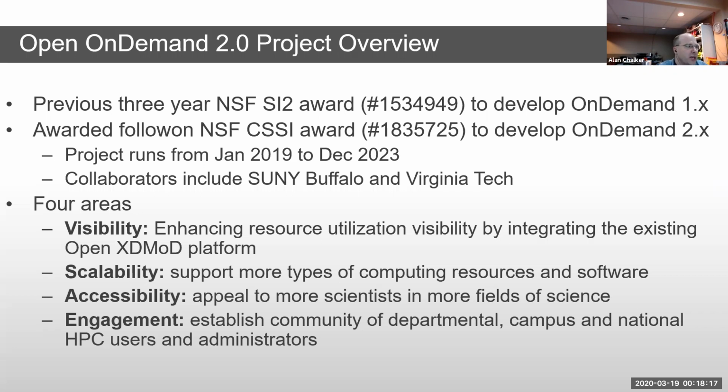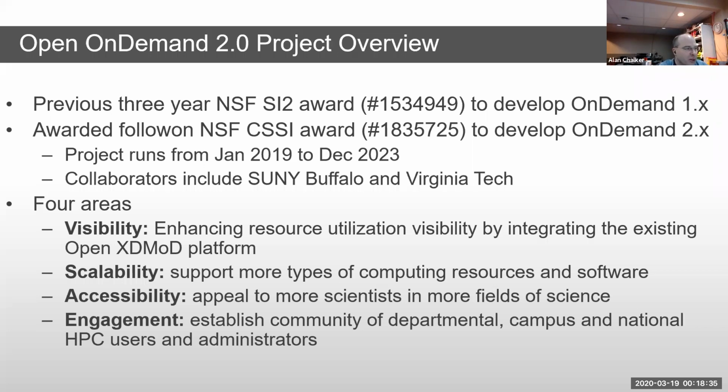We're making great progress with that, and that should be released in the coming months. But we really want to run on a variety of resources, load balancing, just things like that. We recently have developed support for Kubernetes, for example.